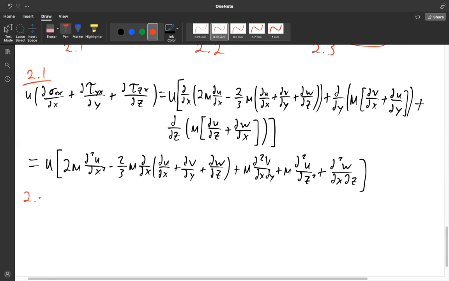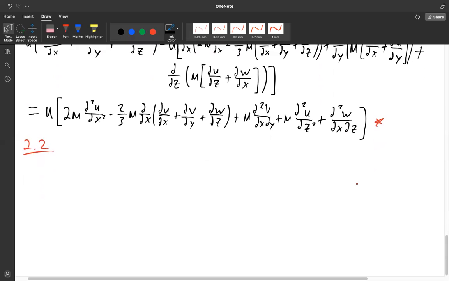Now, this is our equation for 2.1. Now for 2.2, we have the following.